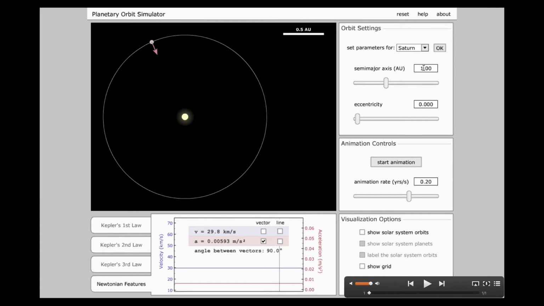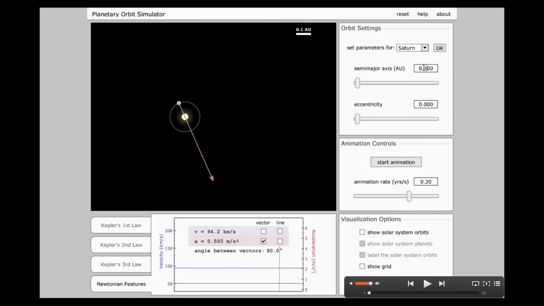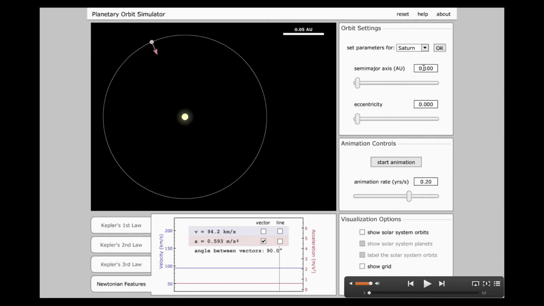And you can reset this to something that's a tenth that orbital size. So now this is only 0.1 AU away from the sun. And when you look at it, you can tell that this thing is definitely going really, really fast. And so we can slow it down to something more civilized. But when you look at the centripetal acceleration for this one, it's still the 593, but it's 0.593.